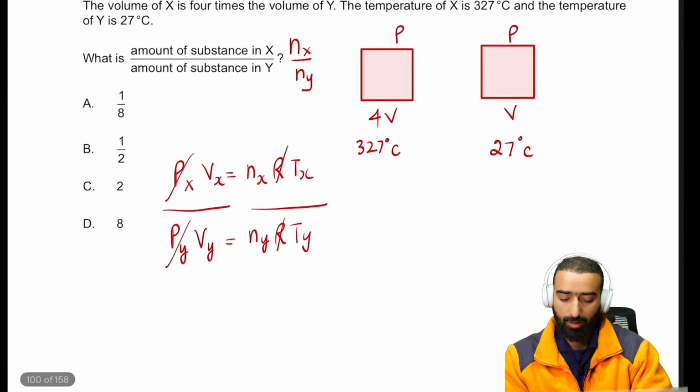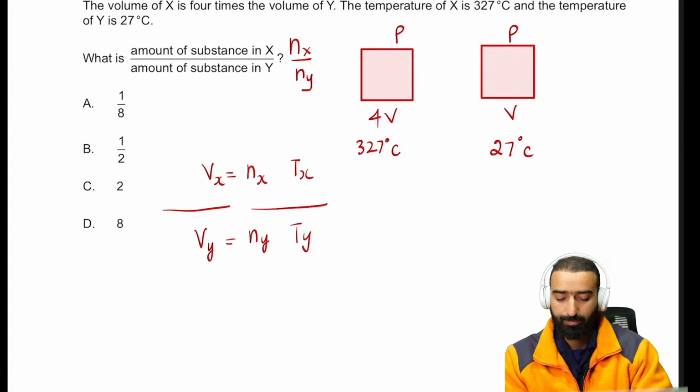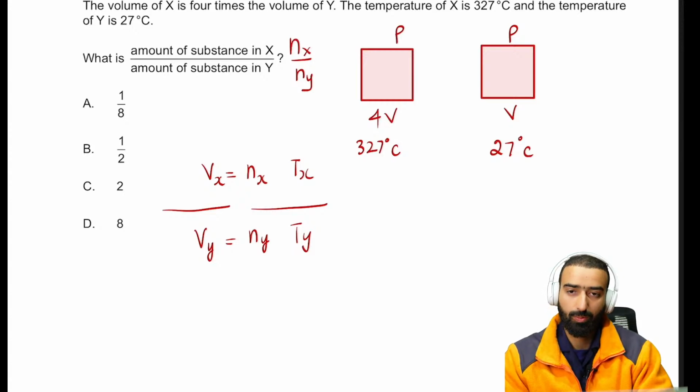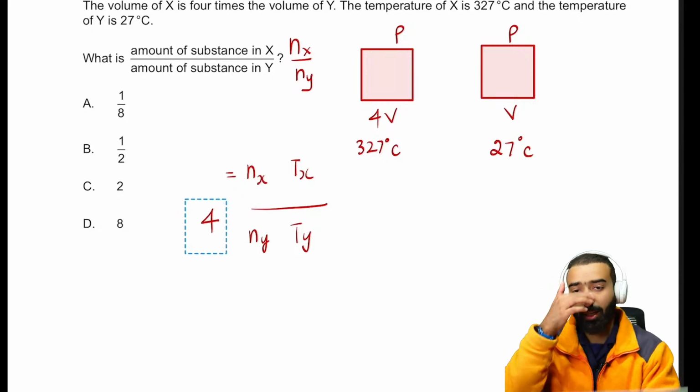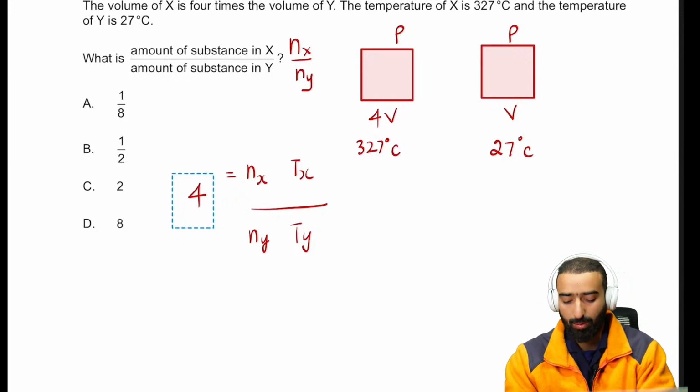We are left with Vx over Vy. Now what's Vx? Vx is 4 times Vy. So this is 4 times Vy. Then Vy is going to cancel, and I'm left with 4 equals Nx Tx over Ny Ty.